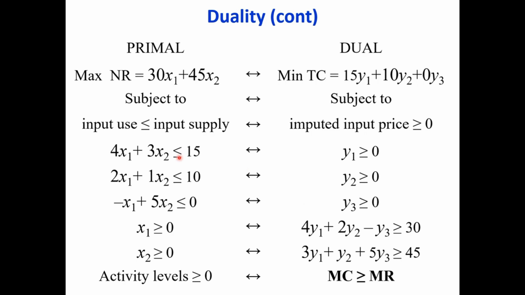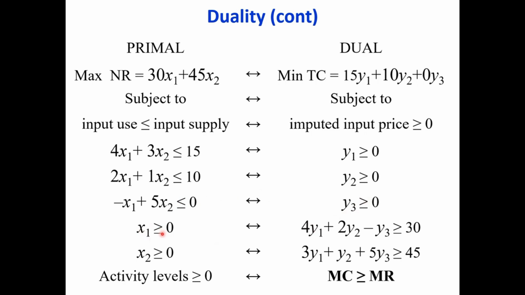So here we have this less than or equal to constraint, then the associated dual variable is non-negative. Here another one less than or equal to, another one less than or equal to. That means that they're all non-negative.